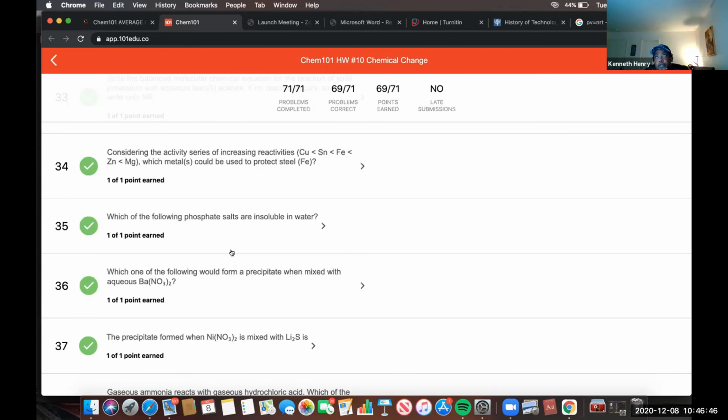So for instance, sulfuric acid is a strong acid. Hydrochloric acid is a strong acid. Now, hydrofluoric acid is very special. That one is going to be a weak acid because it doesn't want to separate at all. And so the way that you really determine is whether it forms ions.